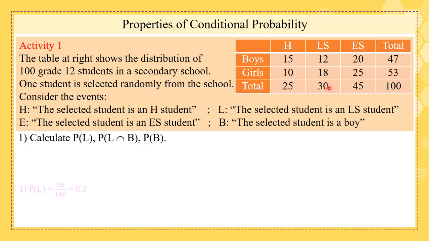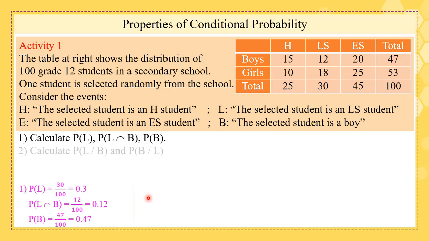So to be in the LS, its probability is 30 over 100. Now P of L intersection B, we need the student to be LS and boy. So LS and boy, we're going to have 12 over 100. And P of B, which is the selected student is a boy. To be a boy, the probability is 47 over 100.